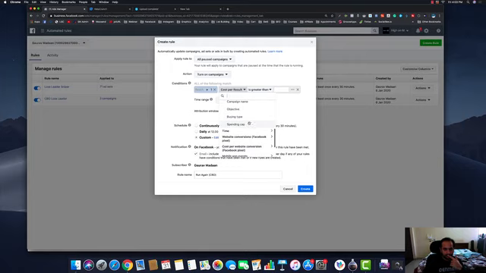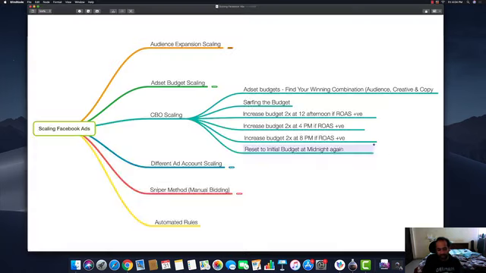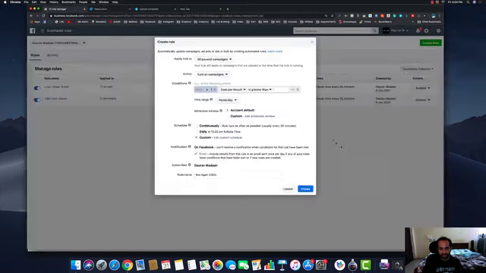So I want to go ahead and basically set my budget, reset my budget. And that's my whole point. It's not just that reach has to be increased. I want to go ahead and reset my budget. So generally, resetting to the initial budget at midnight again, that's something which I want to do.